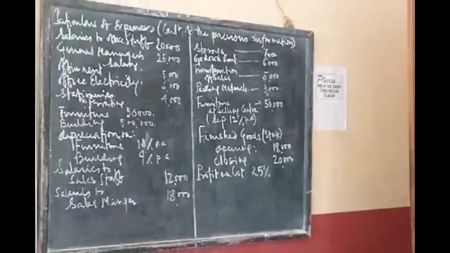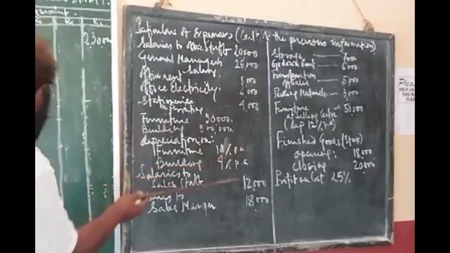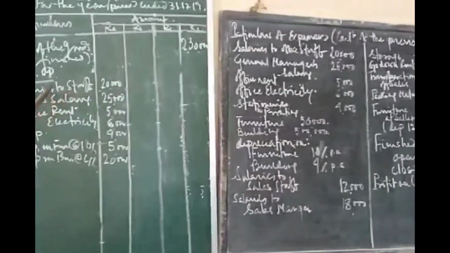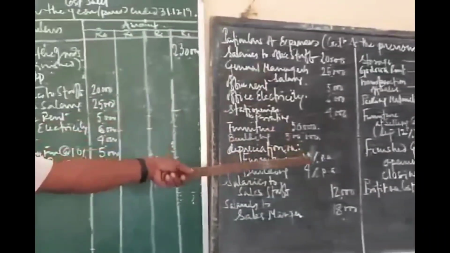Let me see, out of the information given, what are to be taken for the purpose of completing this part. What should come under the administrative overhead?